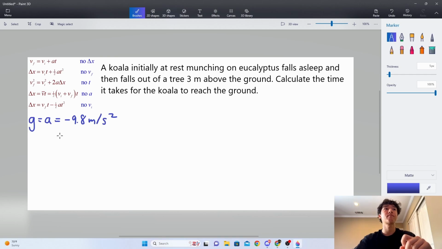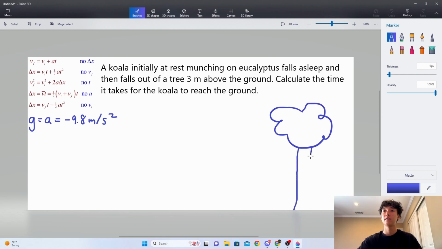So now, a koala initially at rest, munching on some eucalyptus, falls asleep and then falls out of a tree 3 meters above the ground, right? So now we got a little tree right here, and we have a koala.